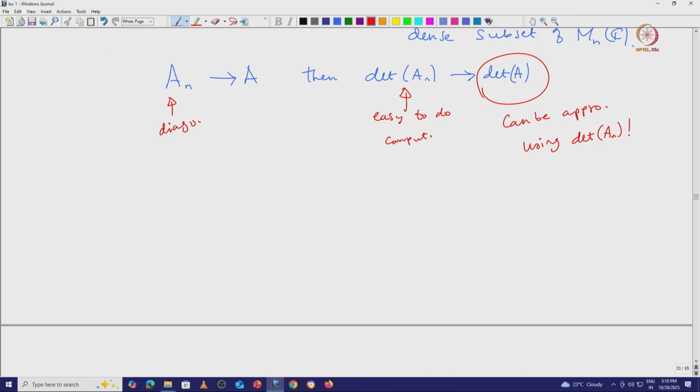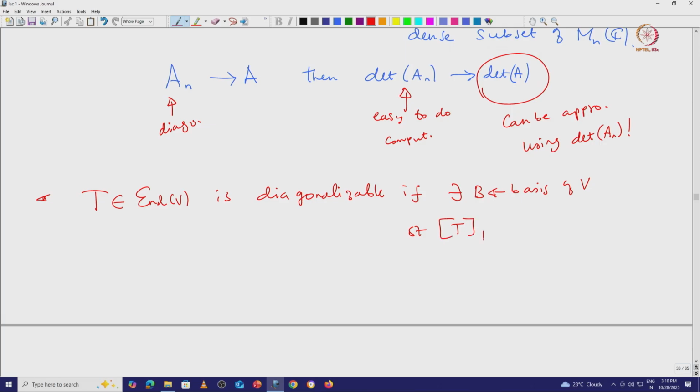Now, we say an operator T is diagonalizable if there exists a basis of V such that the matrix of T with respect to that basis is diagonal.